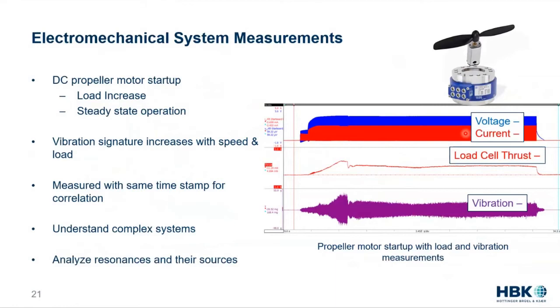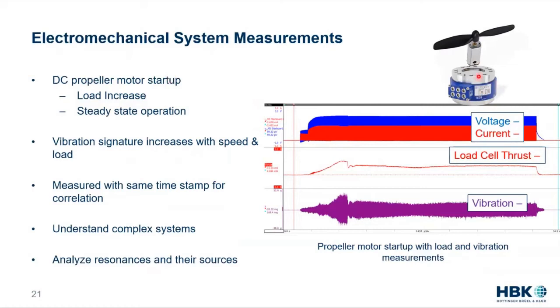I apologize. So if we look at the electromechanical aircraft tests, we can start bringing in things like those load cells and those vibrations. So again, my example of my fan motor with my load cell. I thought I had data on that last one. I chose not to show it, but this is a different test that's very similar. So this is a deep sea propeller motor startup.